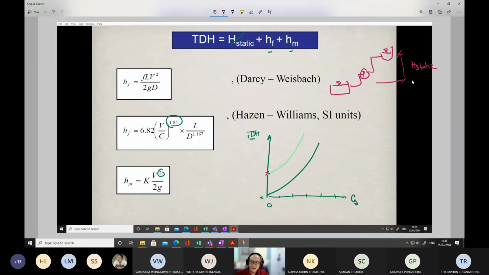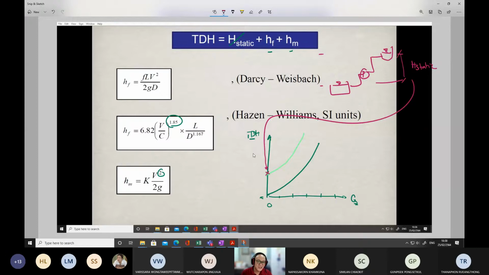So this is fixed. Initially, it is equal to the water level difference. But if we increase the flow rates, the head loss will increase accordingly. Normally it is like this.